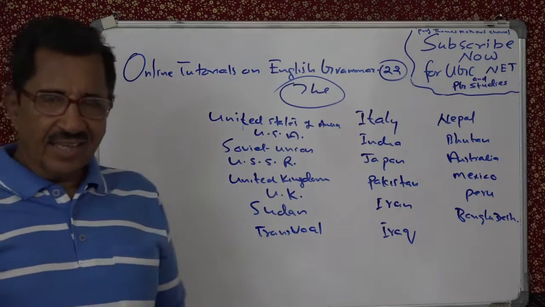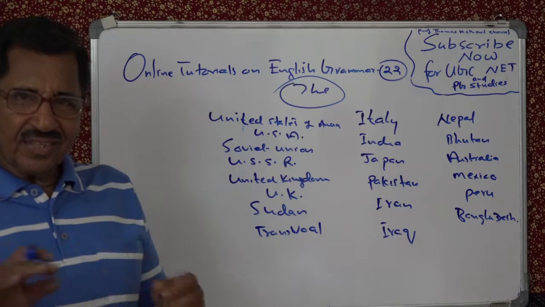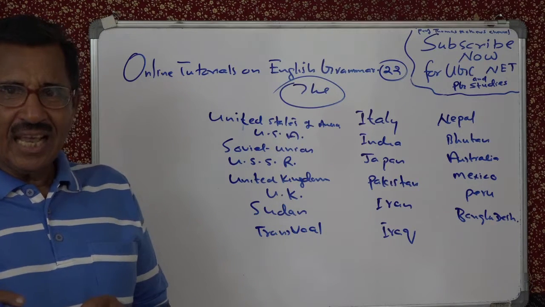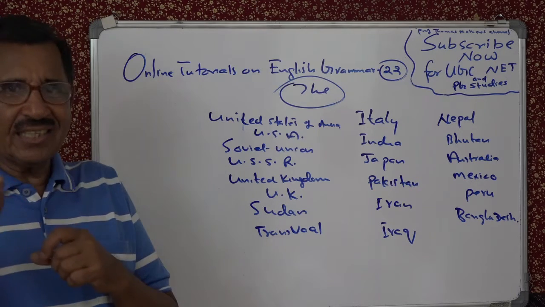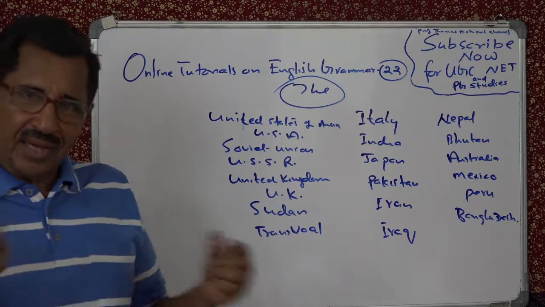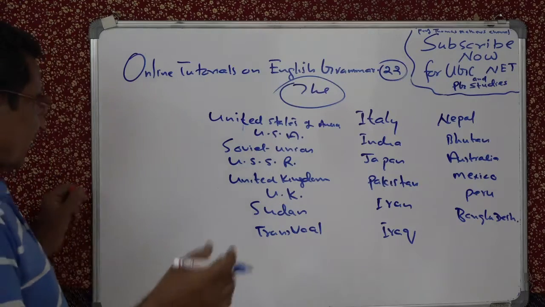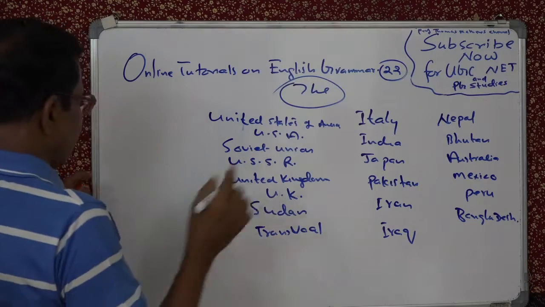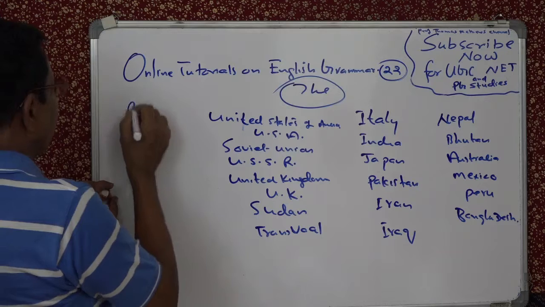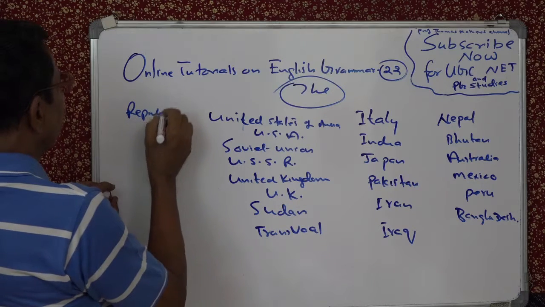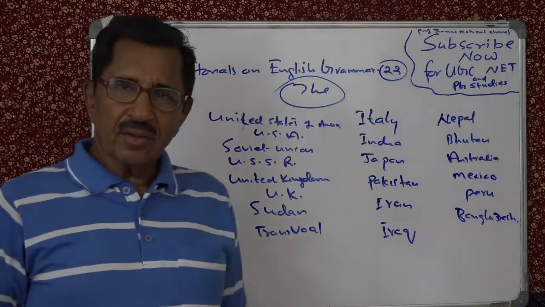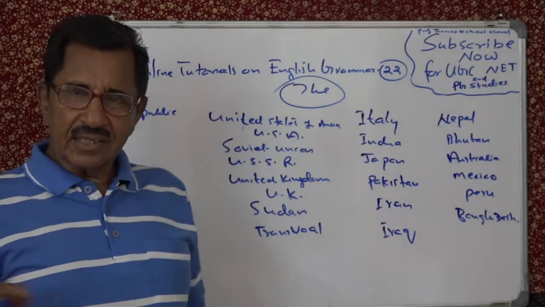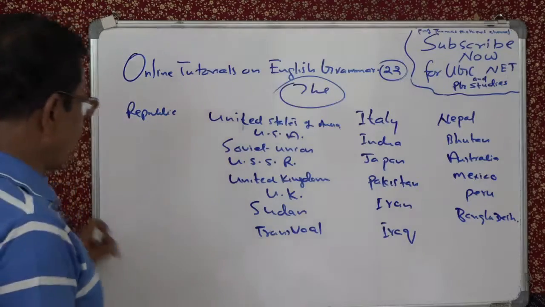Isn't it? And then there are two or three words that will help to describe, or you can say adjectives, that can be used with countries. Many adjectives, but here you can see the character of that particular state or country. Like republic, whether it is a republic or a dictatorship or anything like that.